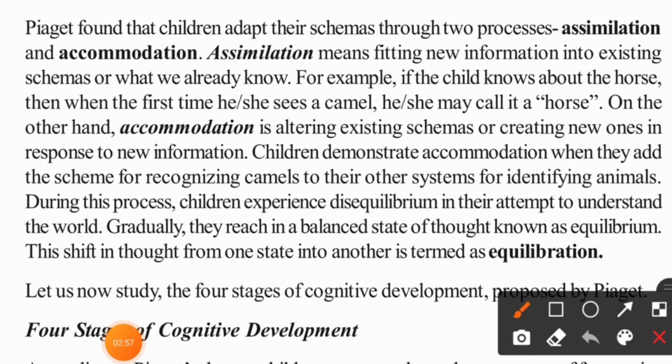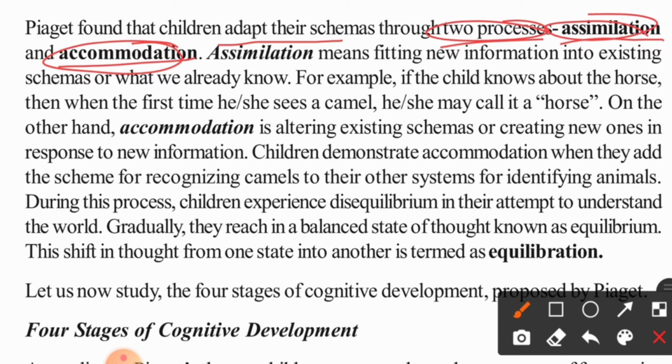According to Piaget, children adapt their schemas through 2 processes. There are 2 ways: one is called assimilation, and the other is called accommodation.